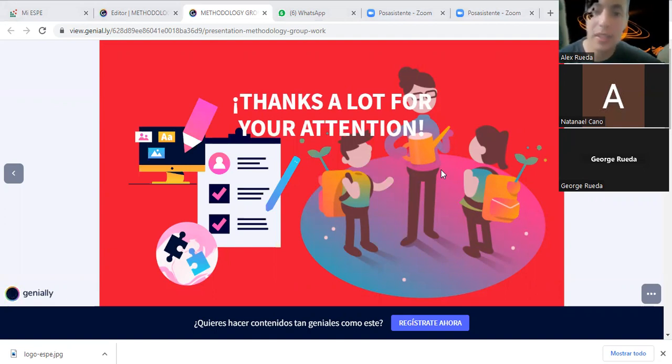The first question is, how can we work with a student with scattered attention? Okay, in this case, with this kind of students, we have to catch the attention. We have to switch the strategies, because there are some students who get distracted immediately. So in those cases we have to use other strategies.